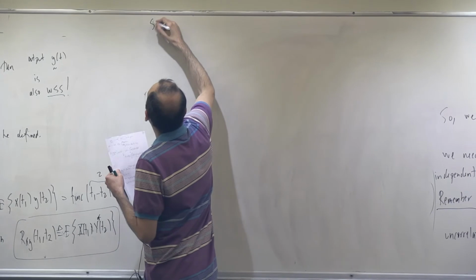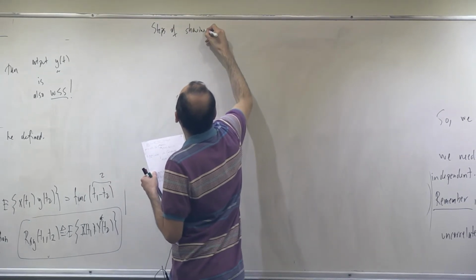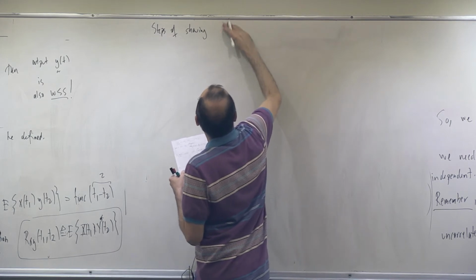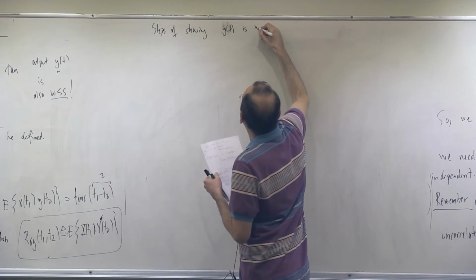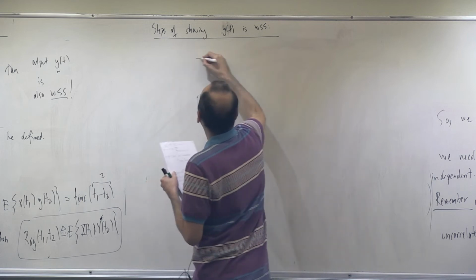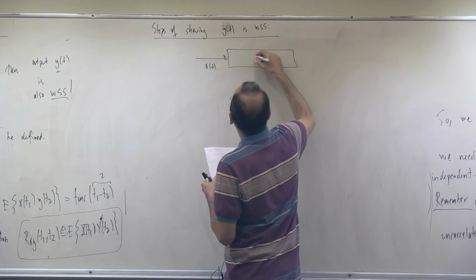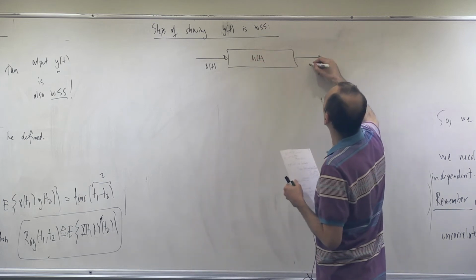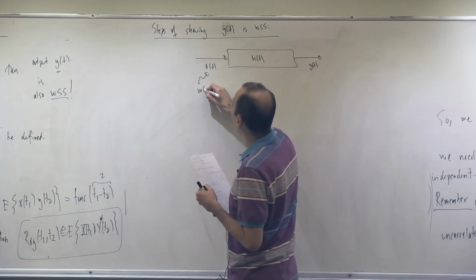Let's say the steps of showing y of t, let me use small y, is wide-sense stationary. So let's remember. Now the problem is x of t goes into an LTI system with this impulse response, and the output is y of t. So this is wide-sense stationary.